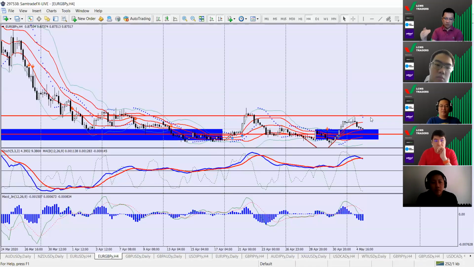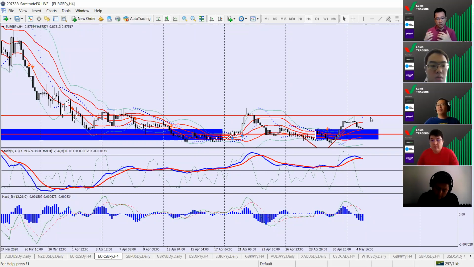So if you're looking for that straddle, that could be the 0.8822 and 0.8725. With those two pairs right now, it's supposed to be hands-off, don't jump into any trades, because there's no real direction coming from the Euro US or the Euro Pound. They're all sitting in consolidation. Look for that straddle opportunity.